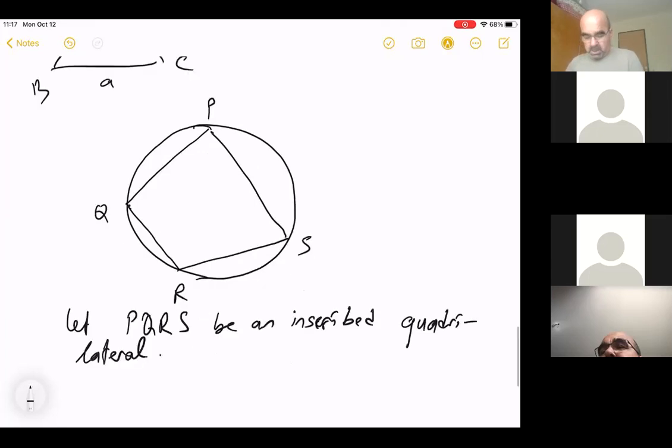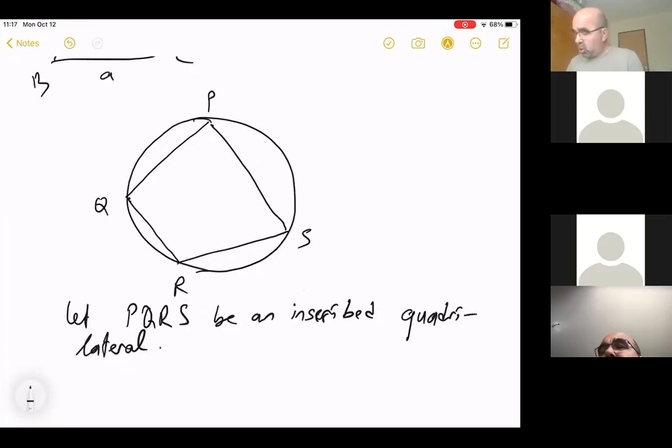Then if you look at the angles, the angle Q plus S is 180 degrees, and P plus R is 180 degrees.